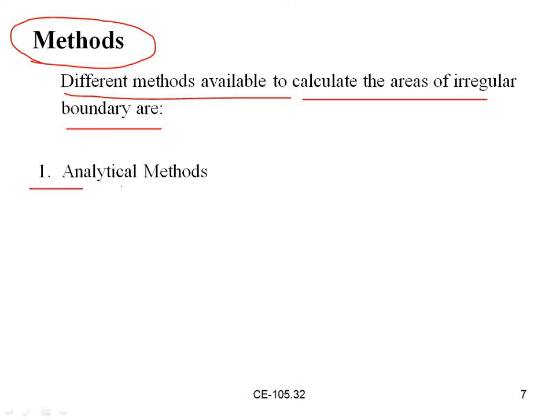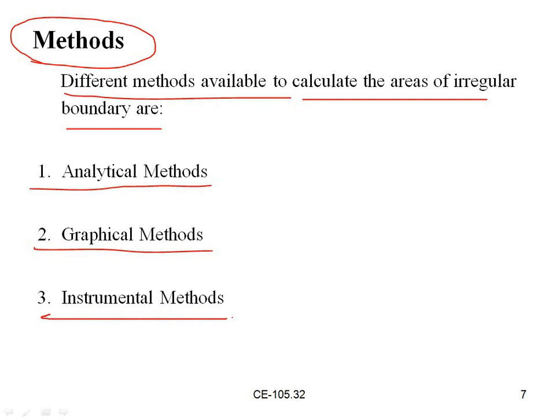The first one is analytical methods. Analytical method is one of the methods used for the calculation of areas. Second one is graphical methods. Another method is the graphical method, which is used for finding the area of irregular areas.